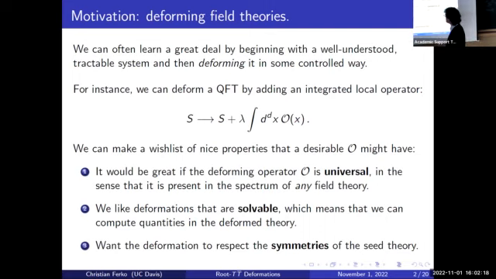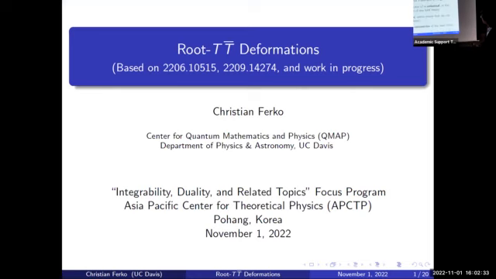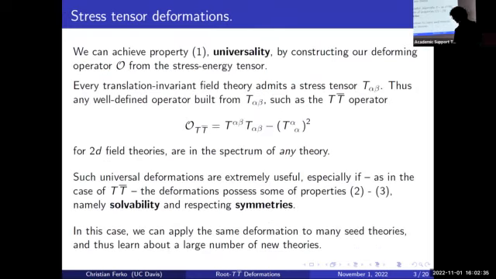It would also be nice if the deformation is solvable in the sense that you can compute quantities in the deformed theory. And it's also nice if the deformation respects symmetries of the seed theory so that you know that they're still present in some way in the deformed theory. So as we saw in the previous talk, one way to achieve the first property, universality, is to build your deforming operator from the stress energy tensor T alpha beta of a theory.